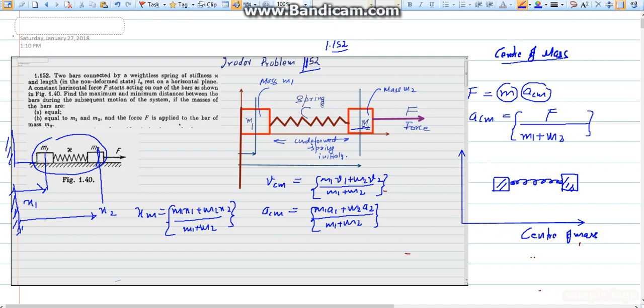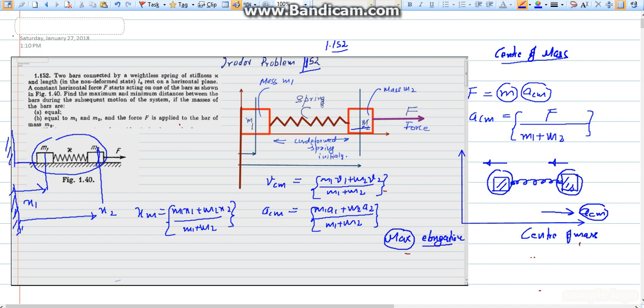Now, what is the force acting on these two ends of the spring when we look at the frame of center of mass? Since the center of mass frame is moving with acceleration a center of mass, we have to add the concept of pseudo forces acting here, and we have to find out the maximum distance, that is the maximum elongation.